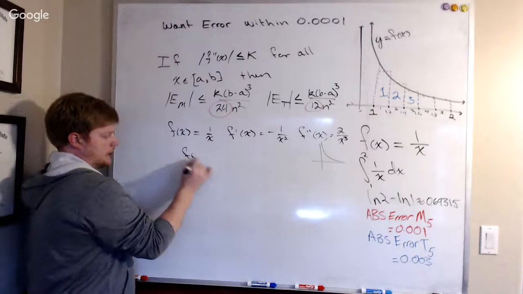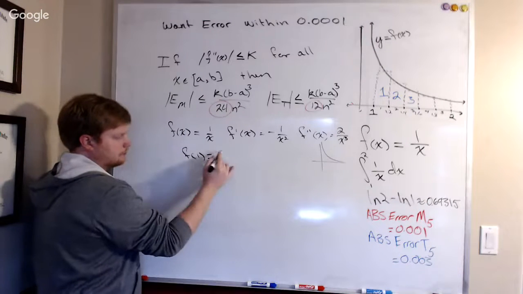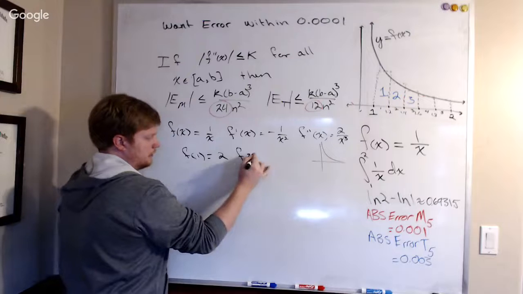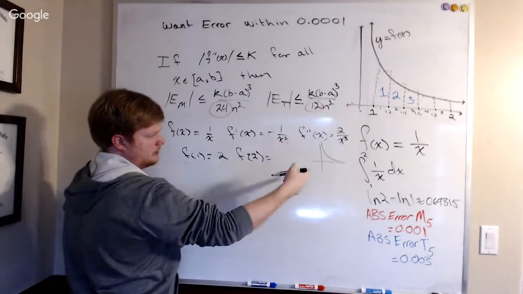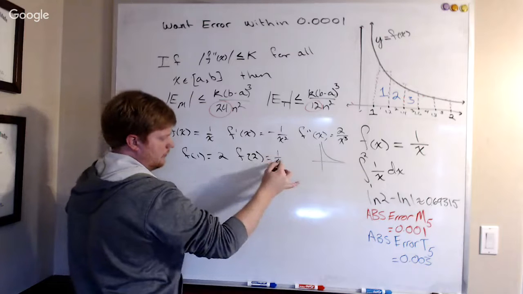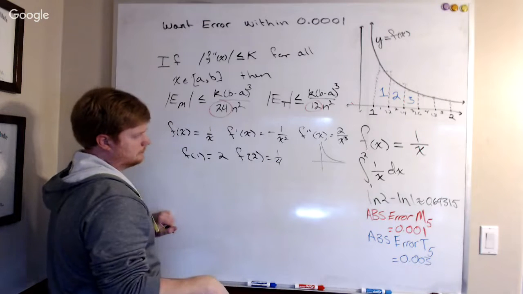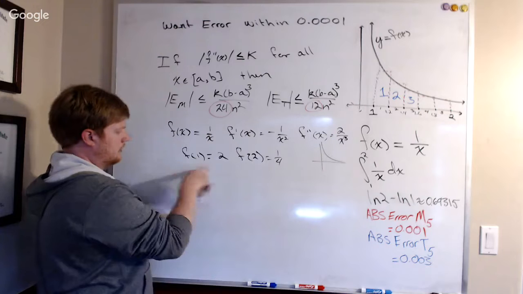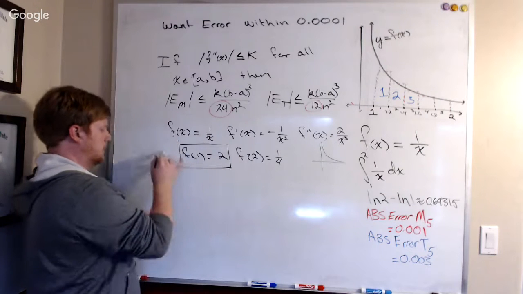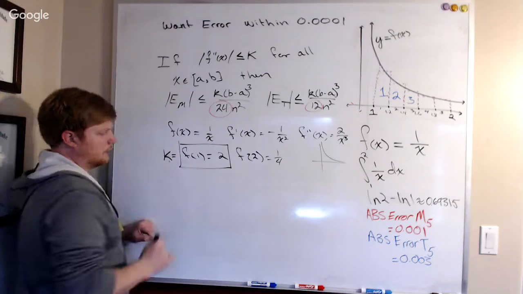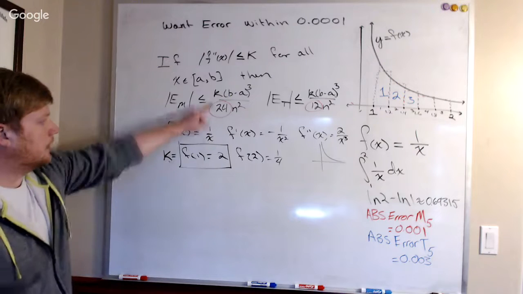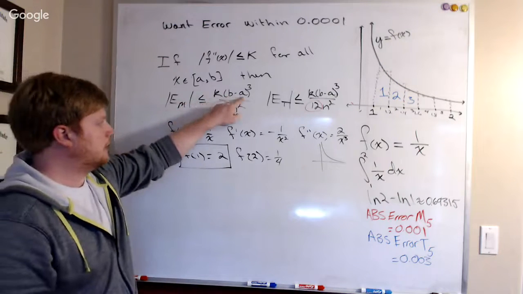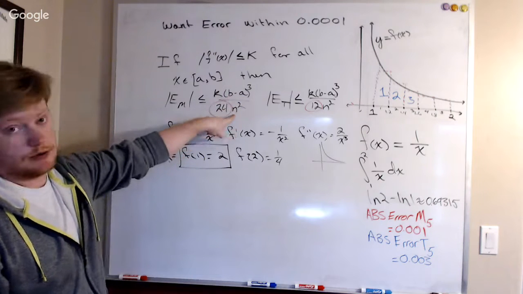But let's just double check. f of 1 is 2, and f of 2 is 2 over 8, which is a fourth. So this is the biggest. That's what will make k. Now I know k, I know a, I know b, and I'm solving for n.